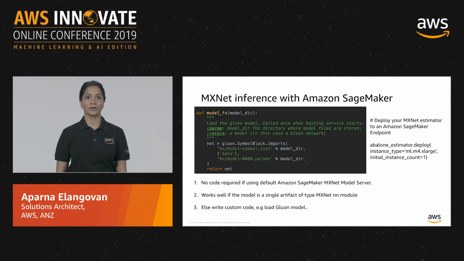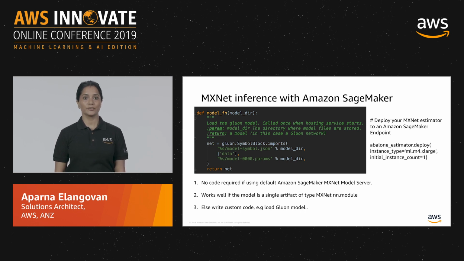MXNet comes with a model server, so you don't have to write code to load the model if your only artifact required for inference is an object of type MXNet nn.Module. But if you're working in natural language processing, you usually have additional artifacts, such as the vocabulary, that need to be loaded along with that model.